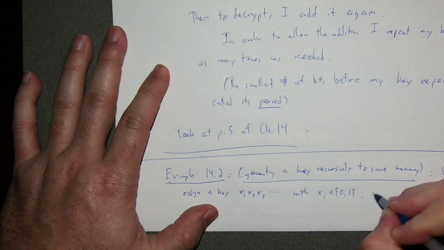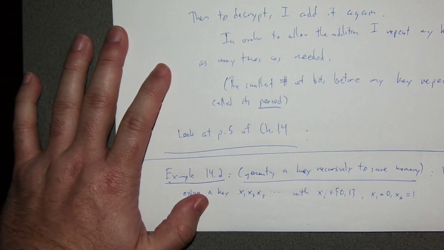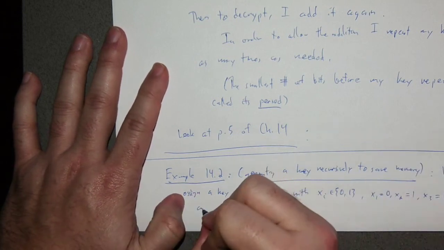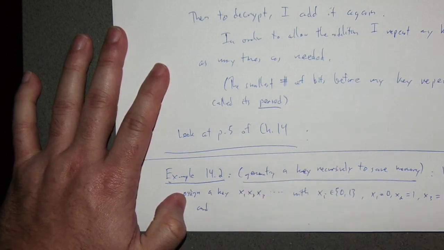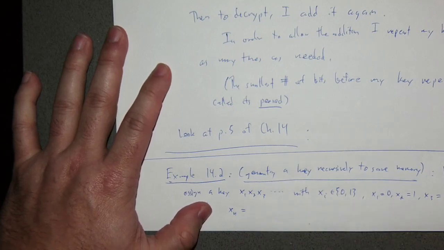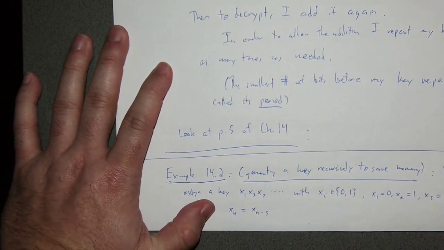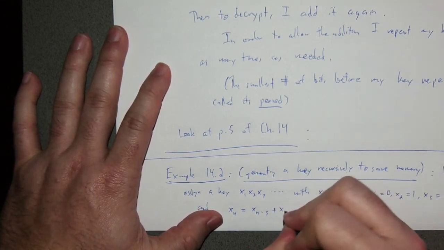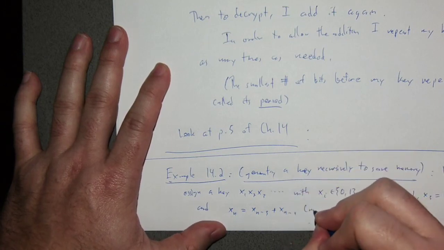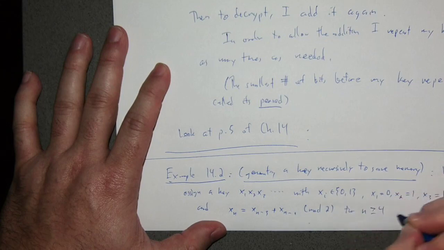We could say let x sub 1 be 0, x sub 2 be 1, x sub 3 be 1, and we could define x sub n to be, say, x sub n minus 3 plus x sub n minus 1 mod 2, for n greater than or equal to 4.